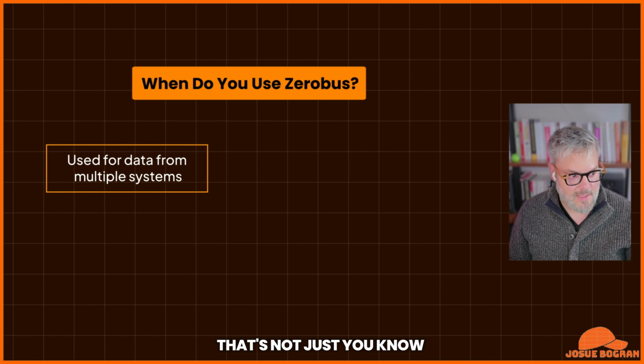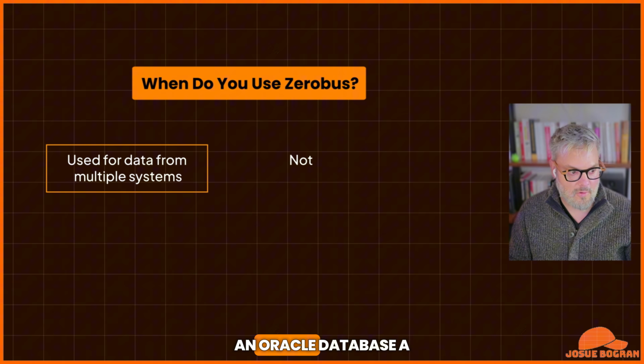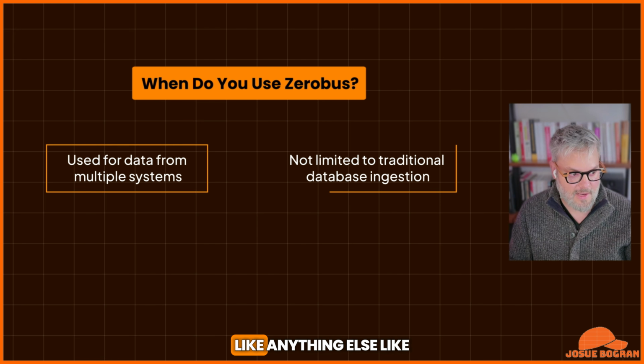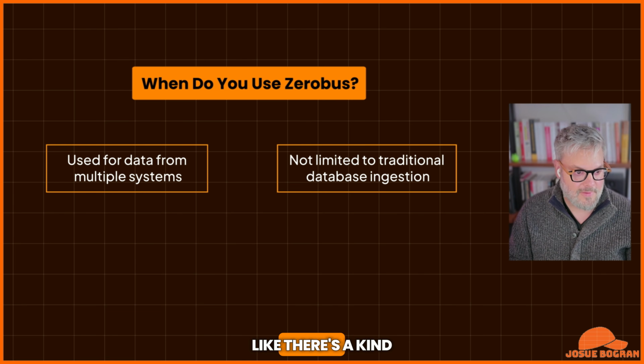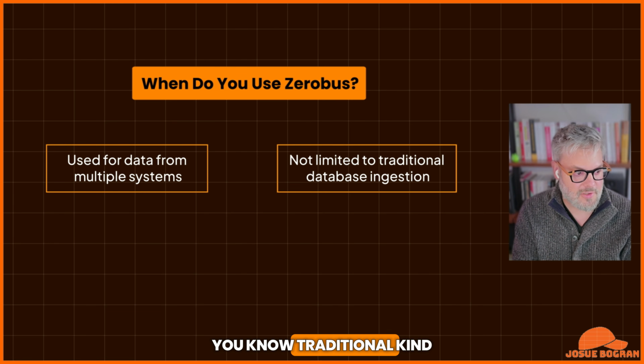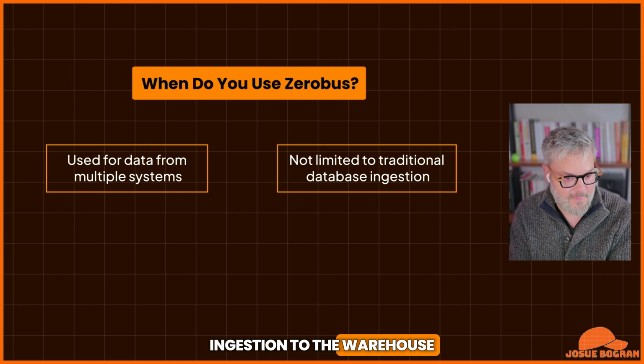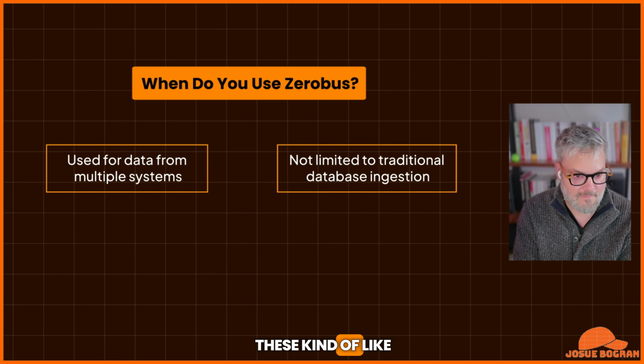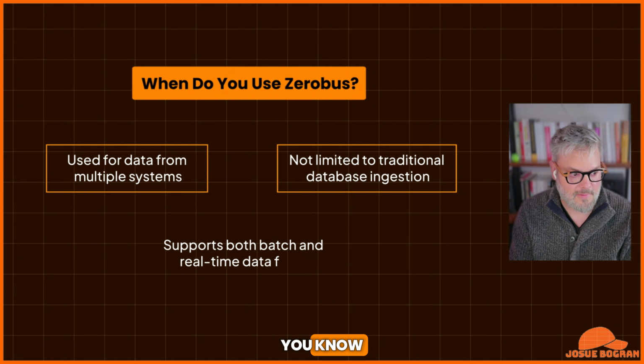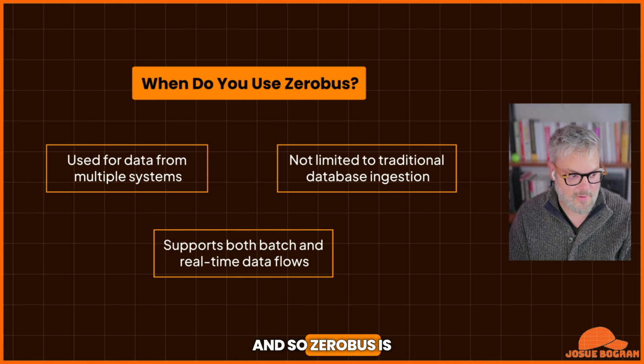That's not just ingest from an Oracle database, a Snowflake database, anything else like that, right? There's a traditional kind of ingestion to the warehouse type flows, and there's all of these real time data flows as well. And so Zerobus is a really good candidate for that.